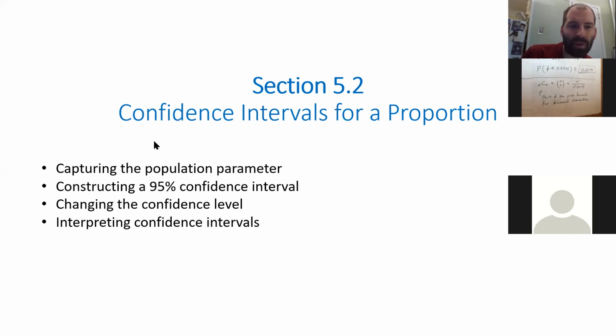What this is all about is trying to capture the population proportion. And a parameter is another word for anything like a proportion or a mean or any statistic that's measured from the entire population.